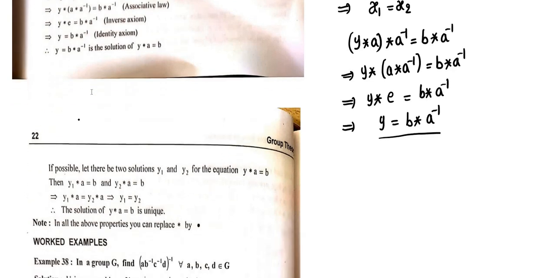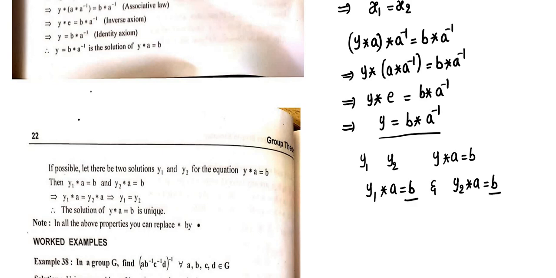So y = b * a inverse is the solution of y * a = b. Here also we consider that there exist two solutions: y1 is a solution, y2 is also a solution for y * a = b. A solution must satisfy the equation, so replace y with y1 and y2: y1 * a = b and y2 * a = b.